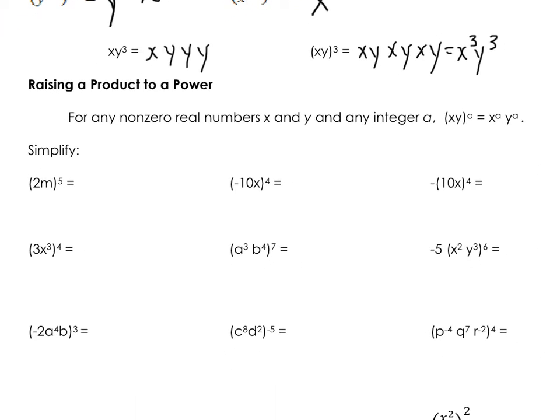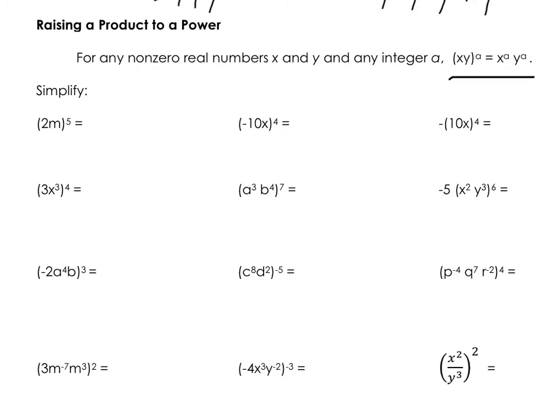And raising a product to a power: for any non-zero real numbers x and y, and any integer a, xy to the a power is x to the a power, y to the a power. So if you have a product inside the parentheses, you raise both factors, both x and y, to the power.